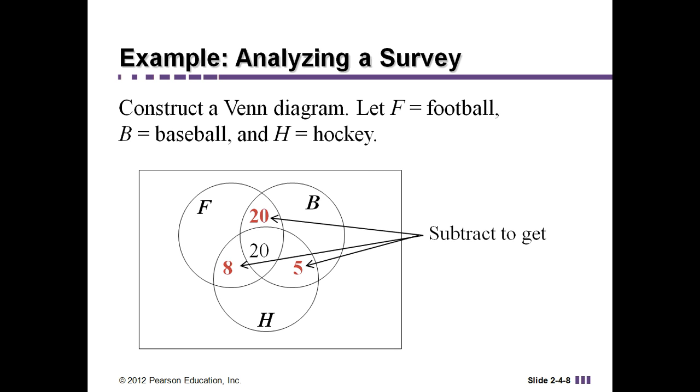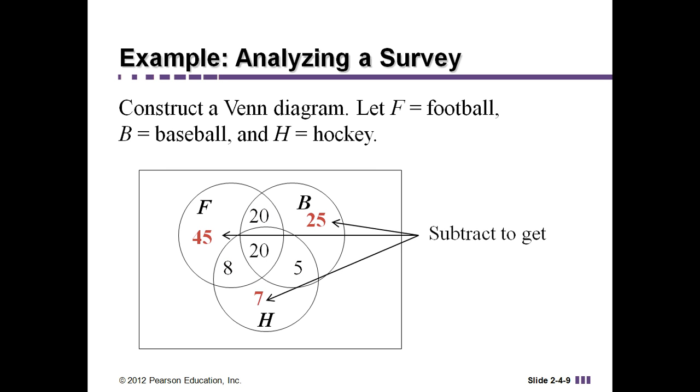So we're going to take the 40 and subtract the 20 people that overlapped in the middle to figure out how many people just liked football and baseball. So we take the 40 and subtract the 20 that's in the center, and that's where we got this 20 that represents the number of people that liked football and baseball.